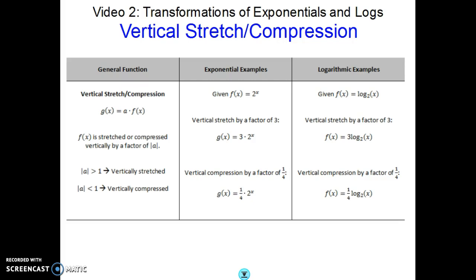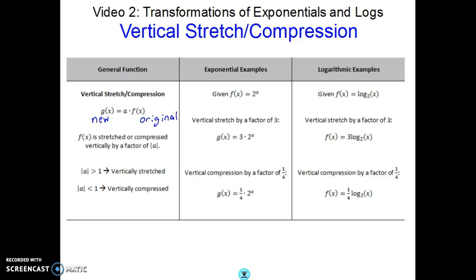On this first slide, we'll be looking at just vertical stretches and compressions. And we'll start by looking first at just a generic function f of x. So if we start originally with some function f of x, and we want to do a vertical stretch or compression to get to some new function g of x, all we actually end up doing is multiplying f of x by some a value out front.